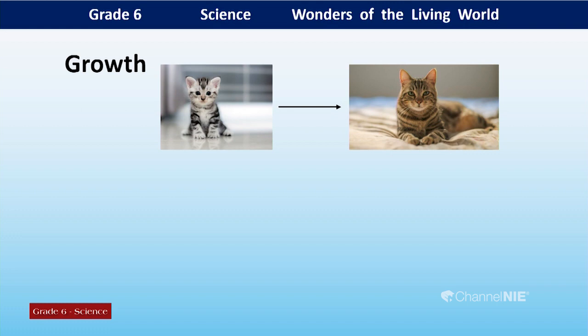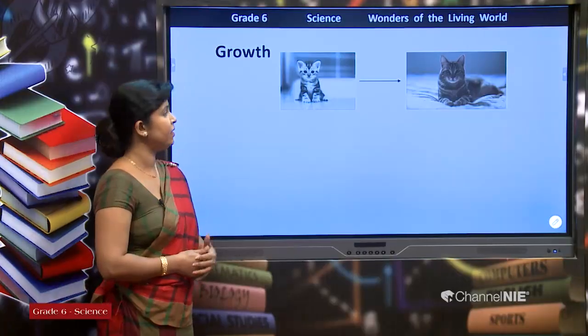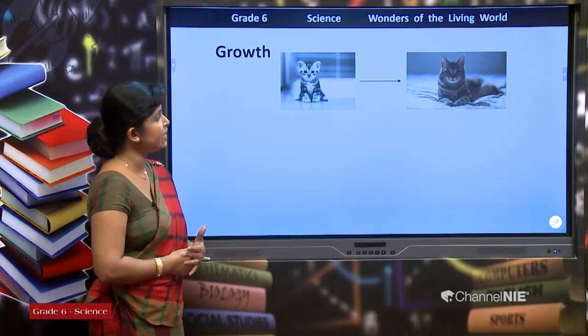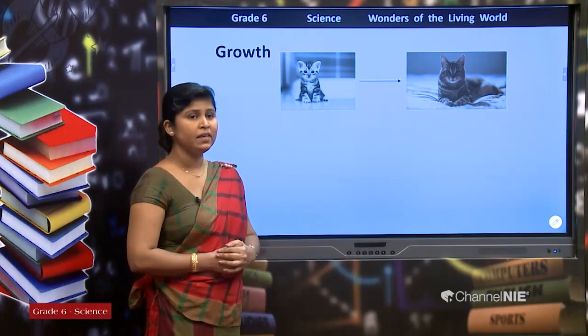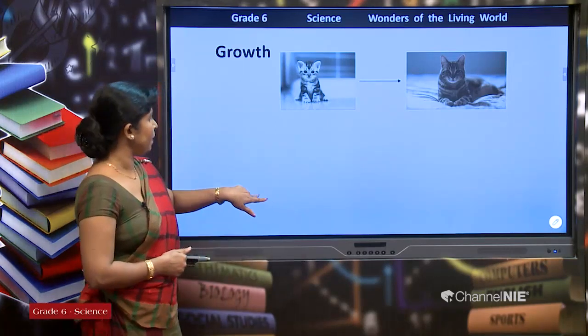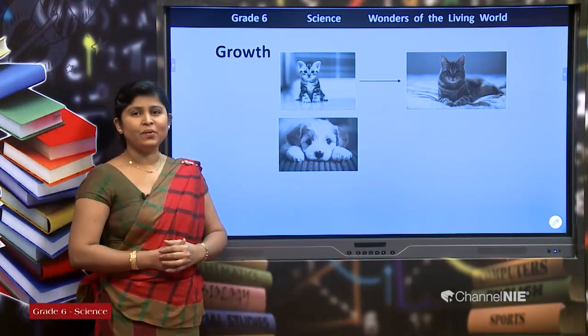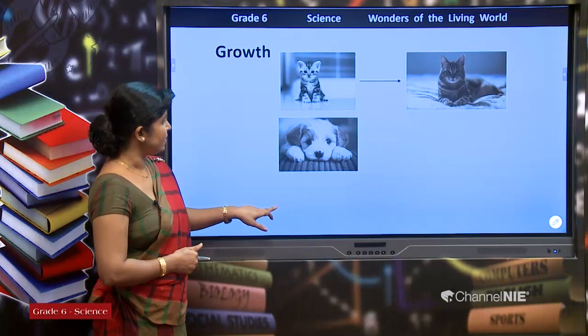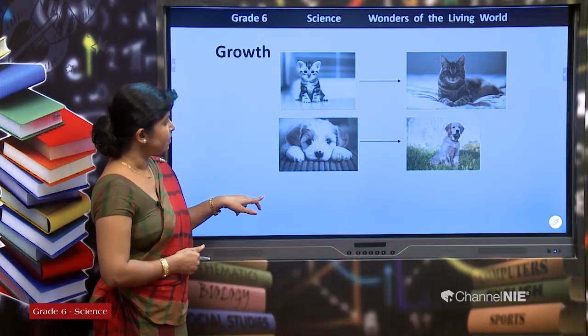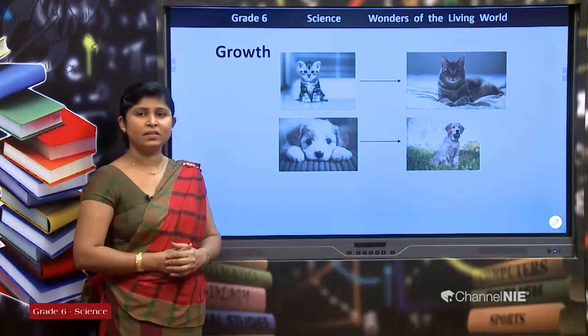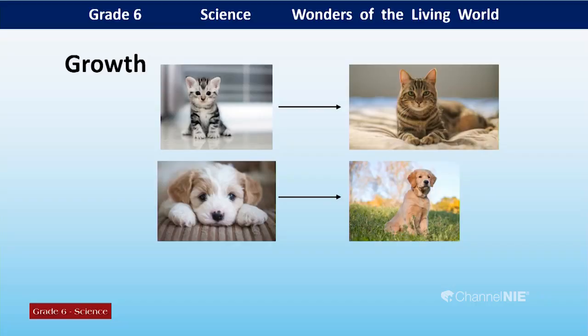The baby cat has increased the size of the body, the weight of the body has increased, then it has become a matured cat. Then a puppy looking at you, then a small puppy, then the puppy has become a dog, right? It is a well-grown dog. We can say it as a matured dog.